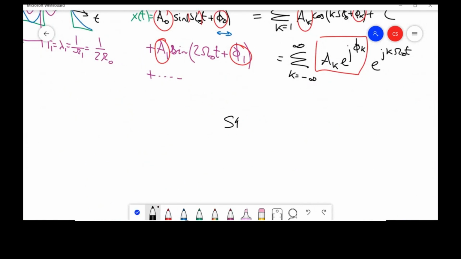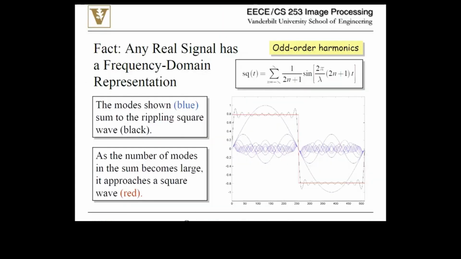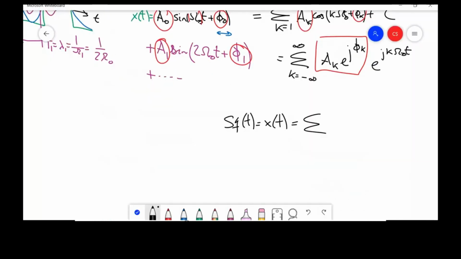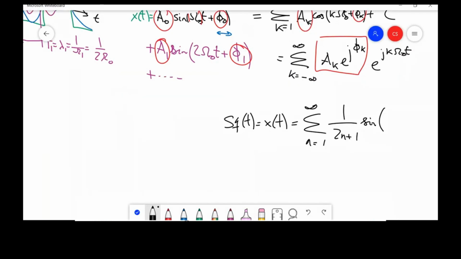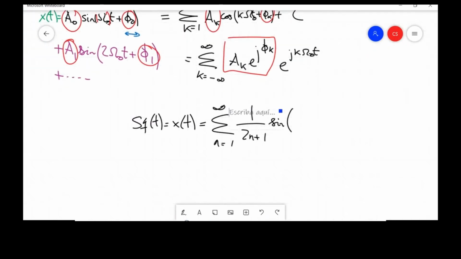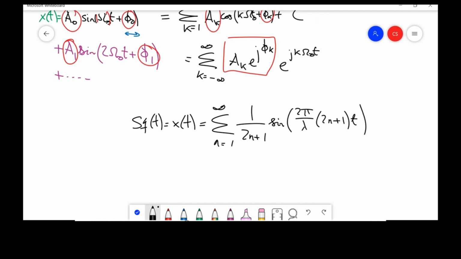We have the square wave x of t, which is equal to the sum, probably from 1 to infinity, of something with 2 pi over lambda plus 1.